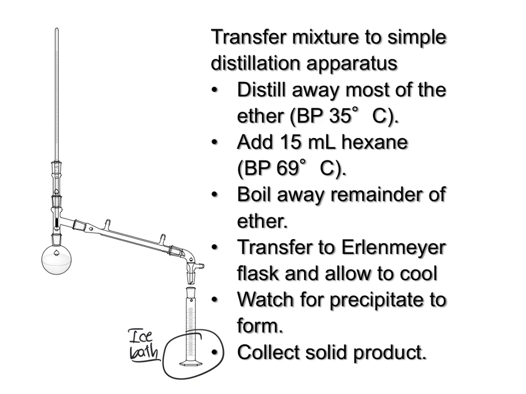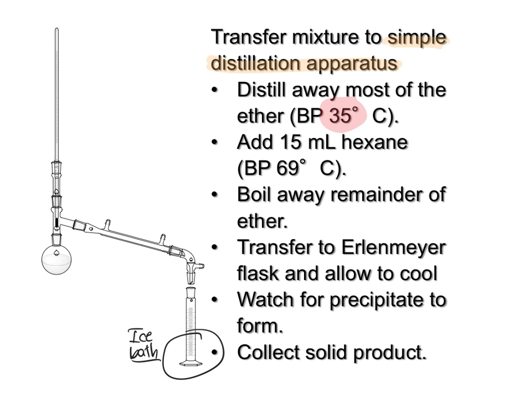So we will transfer our ether layer into a simple distillation apparatus. And then we are going to heat it and distill away most of the ether. And so as you're monitoring, the temperature should stay in the range of 35 degrees Celsius as the ether is boiling off.